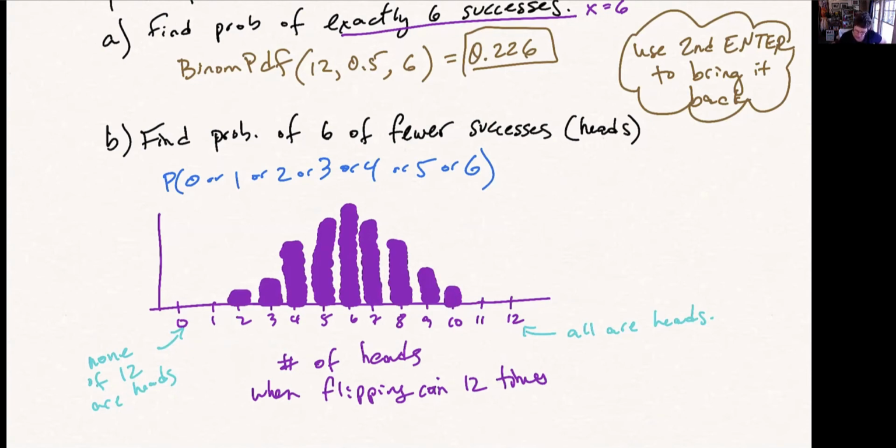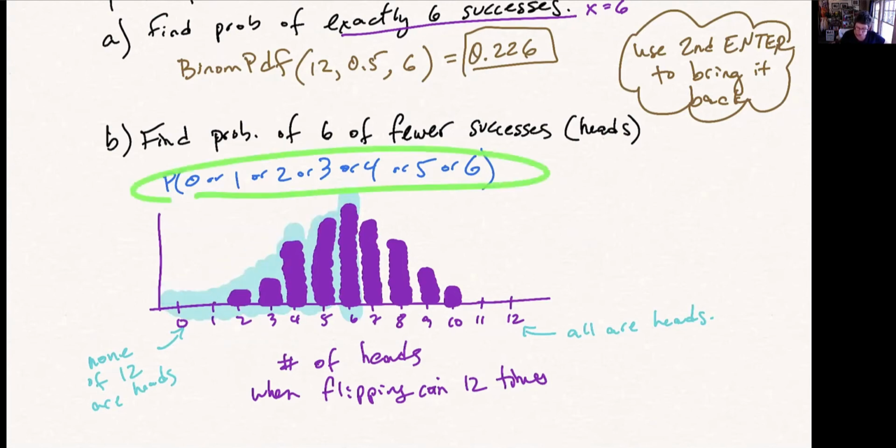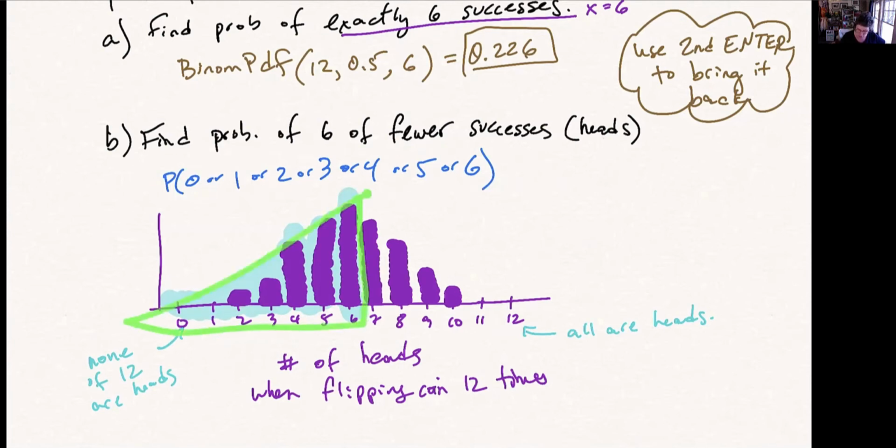So when I'm looking for the probability of getting 6 or fewer successes, what I'm talking about is 6 successes, 5, 4, 3, 2, 1, or no successes. So I'm looking for all of these probabilities here. I can add all these up, but it's easier to tell the calculator to find 6 or fewer, and that's where my cumulative probability comes into play.